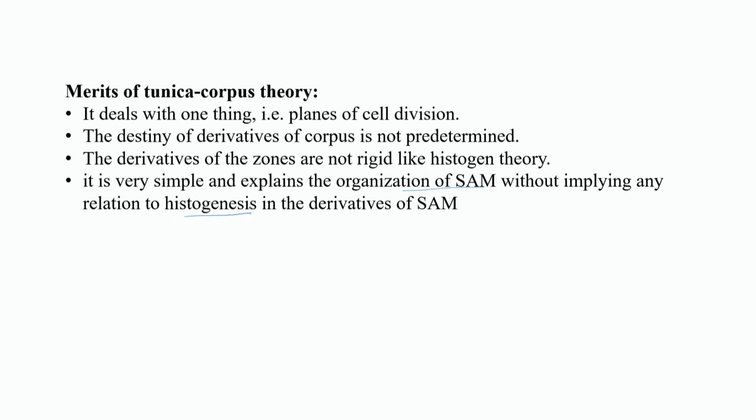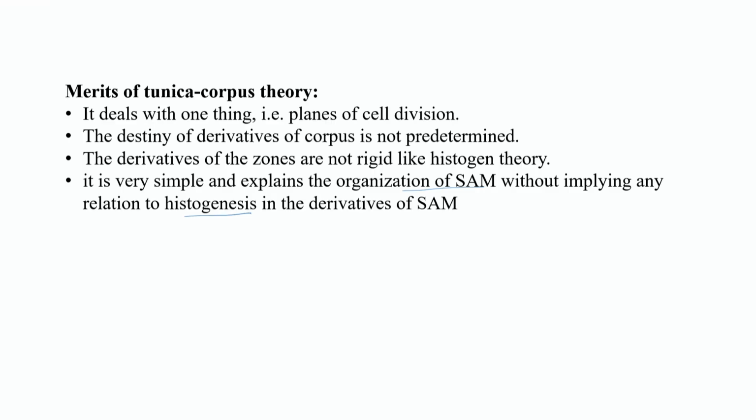That means without any relation to the cellular characteristics, like tissue structures or other parameters such as dense cytoplasm, mitotic activity, their division cycle, or their growth cycle. All these parameters are not considered; it deals only with the plane of division.